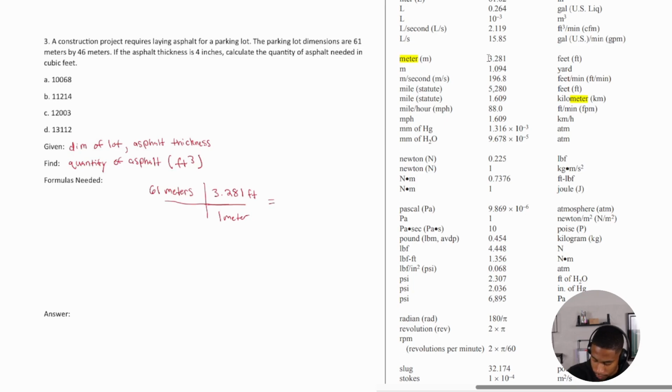All right, and for that total, I get 61 times 3.281. So I get 200 feet. All right, let's get our 46 meters.